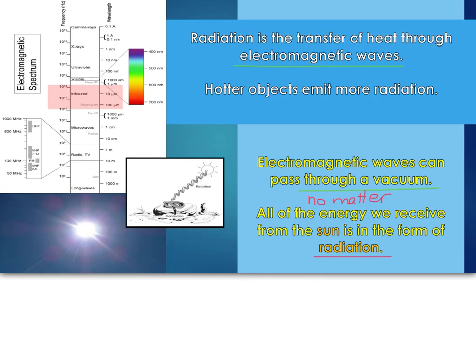The hotter the object, the more radiation it will emit. When we go into the Bohr model, we'll talk about electromagnetic waves later on. But for now, we just need to know that radiation is the transfer of heat through electromagnetic waves.